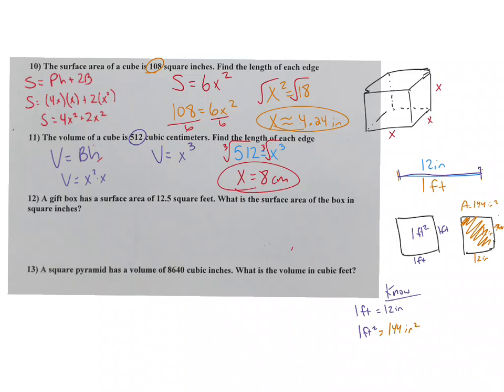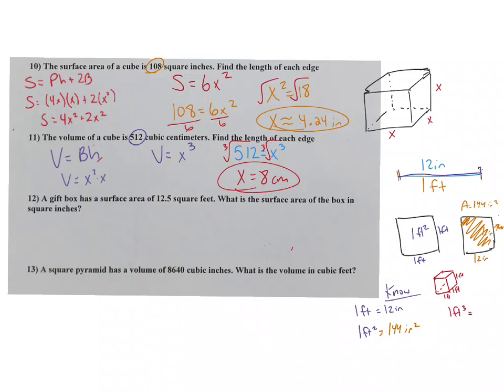We can go even further with a cube. If I have a cube and it is 1 foot by 1 foot by 1 foot, the volume is 1 cubic foot.